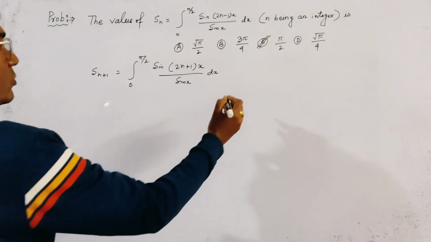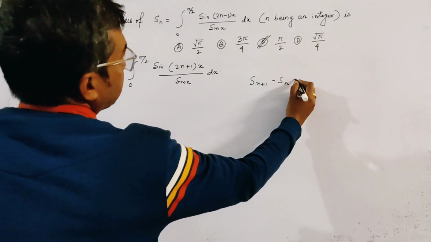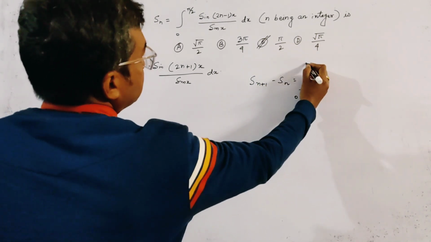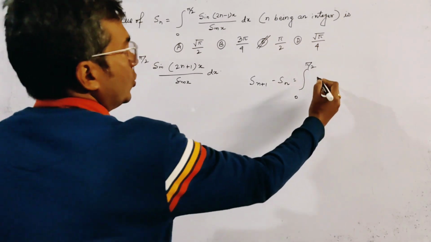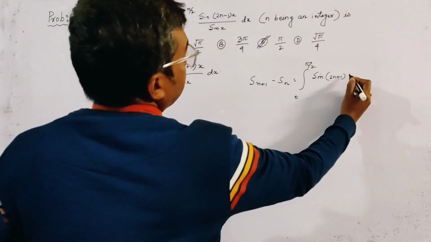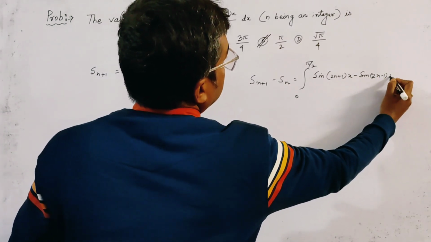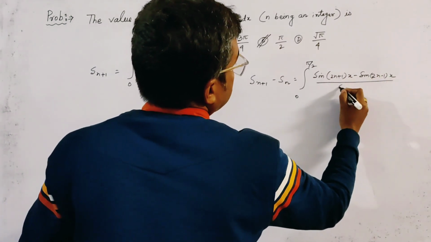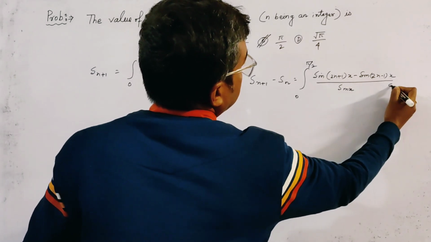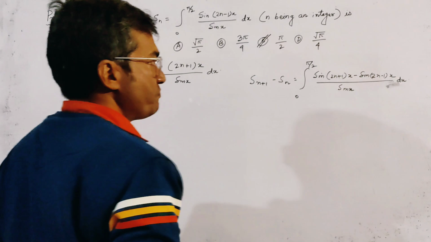Now we find Sn plus 1 minus Sn, which is the integral from 0 to pi by 2 of sine of (2n plus 1)x minus sine of (2n minus 1)x by sin x dx.